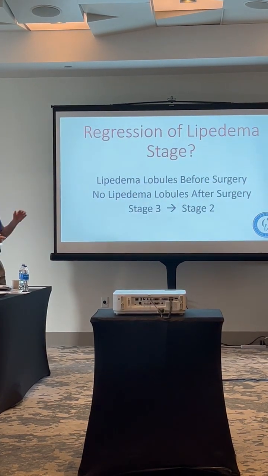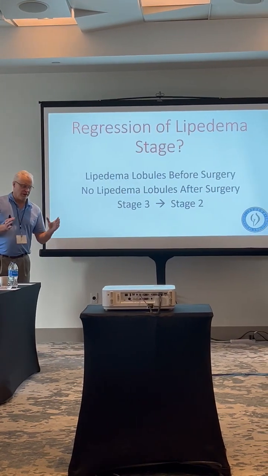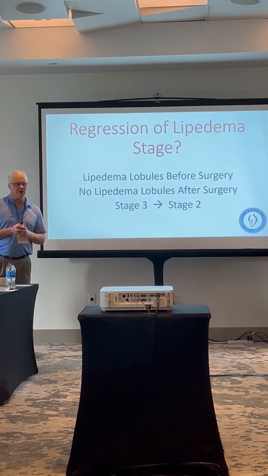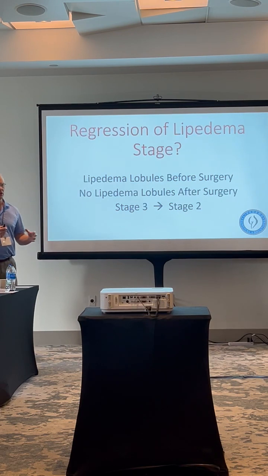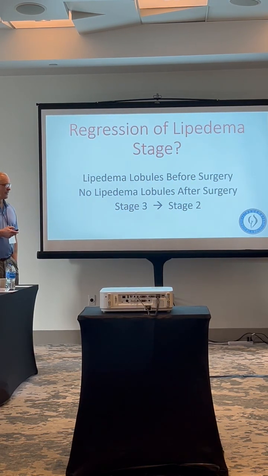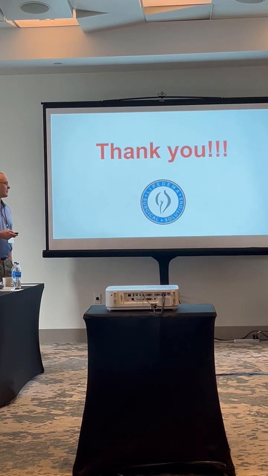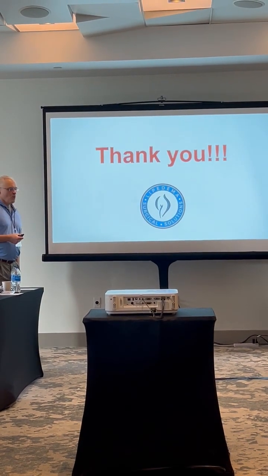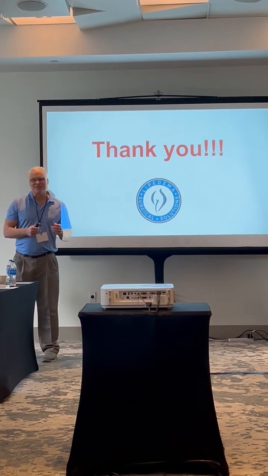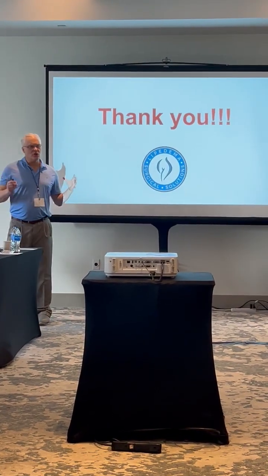It could be argued that because you're losing lobules, and that's one of the critical deciding points between stage 2 and stage 3 lipedema, there is a regression in stage from the surgery, and so that's helpful. Well, thank you very much. I want to say a few other things.